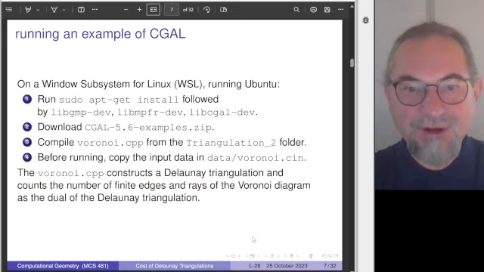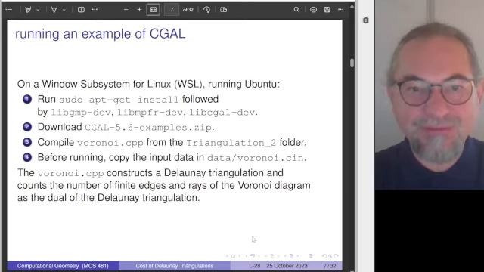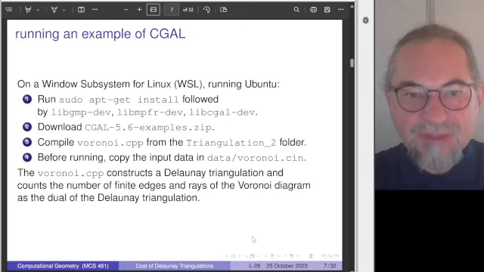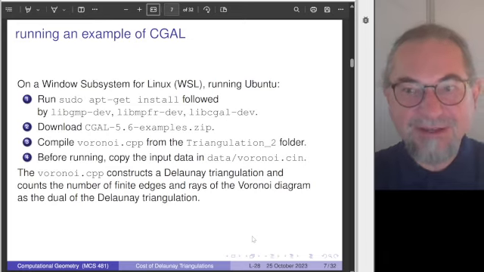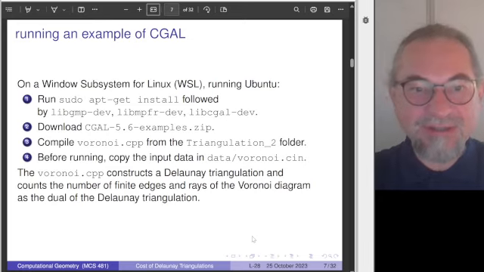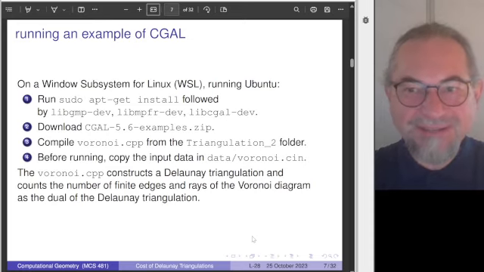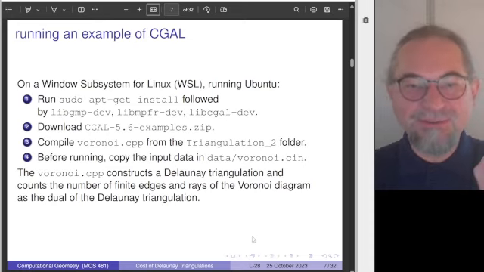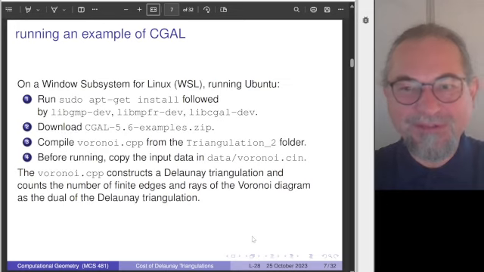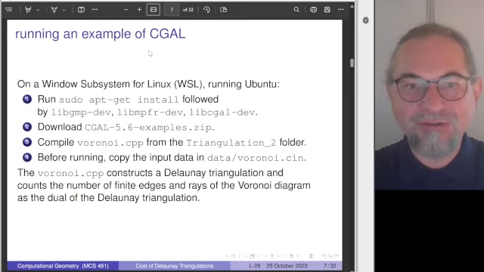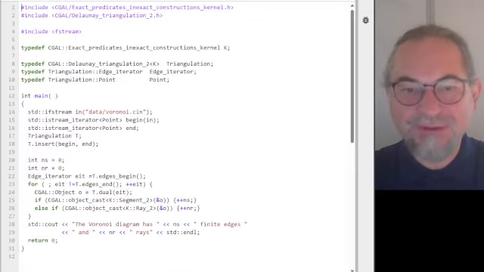I'm running this on a Windows Subsystem for Linux. I have installed CGAL, so it's nicely wrapped. The examples have been downloaded separately. And it's kind of strange, I have selected the Voronoi from the examples in the Triangulation_2, which seems awkward.